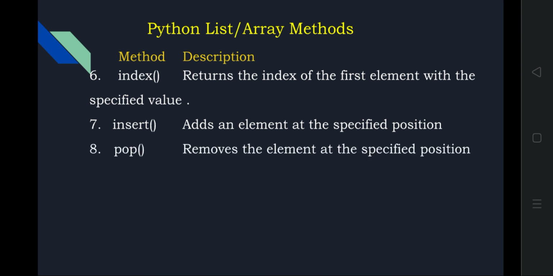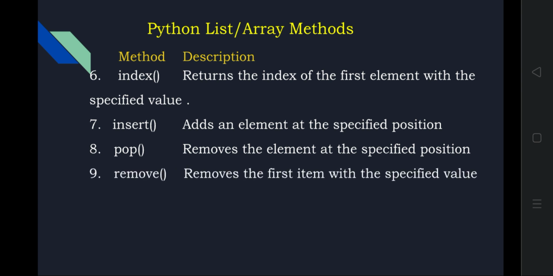And then the next is pop. This pop function removes the element at the specified position. Suppose I want to remove the fifth element, then I have to mention pop and then the list of 5, for example. That means the fifth element will be removed. That is the functionality of the pop function. And the next one is remove.